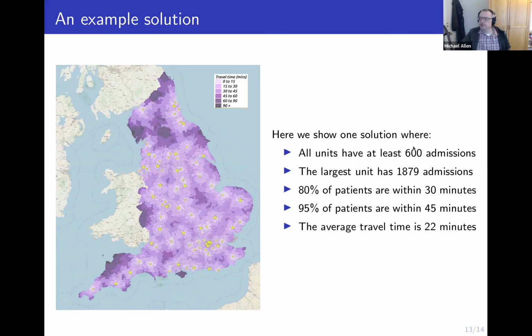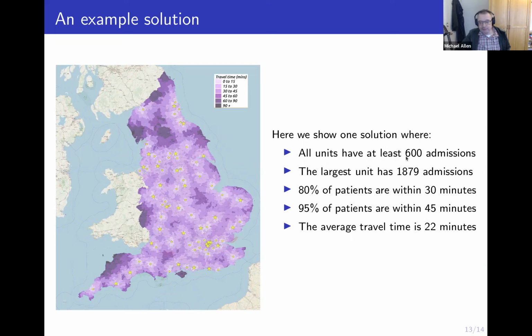But this is an example where we've said absolutely all the units must have at least 600 admissions. That's an objective. We find the largest unit has 1879 admissions, 80% of patients within 30 minutes, 95% within 45 minutes, average time 22 minutes. But you can see gaps here.